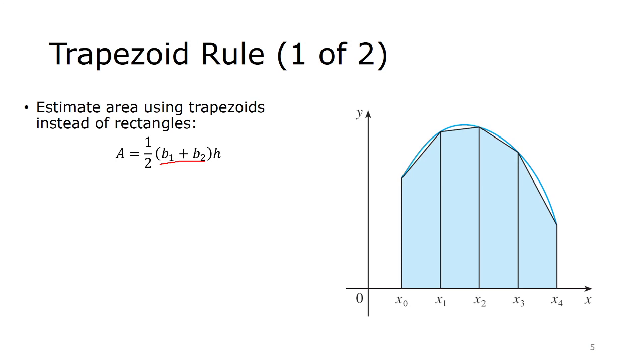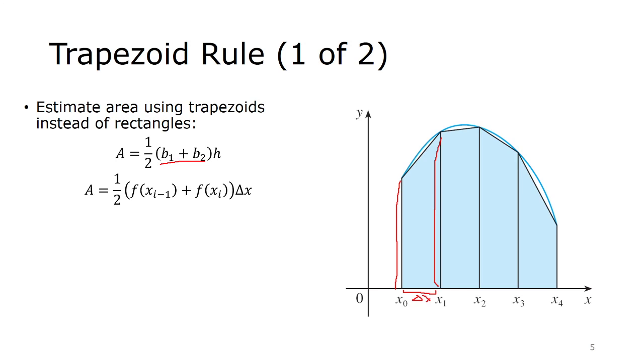But notice that these trapezoids are all going to be tilted on their sides, so b1 and b2 are essentially the two vertical side lengths here. Those will be function values that we'll be using, either by plugging numbers into a function or by reading from a table. And then the height of the trapezoid is represented by your delta x value.